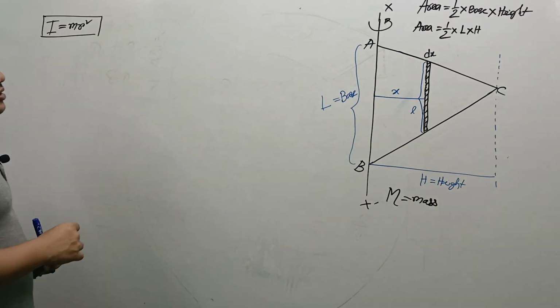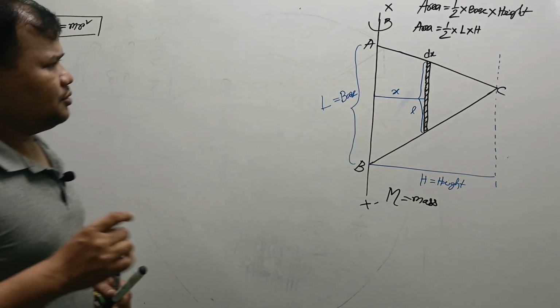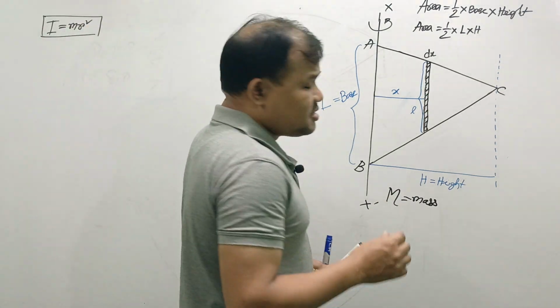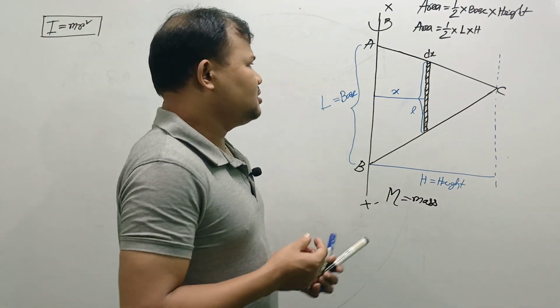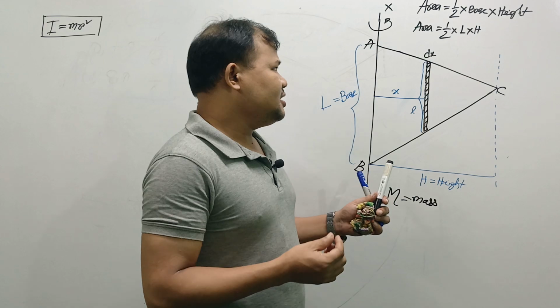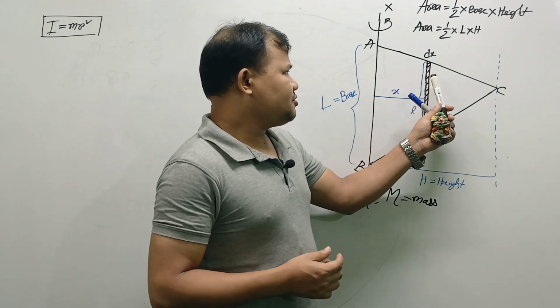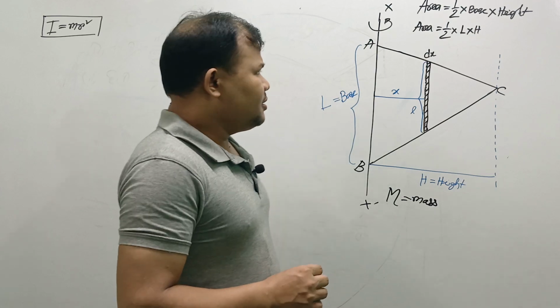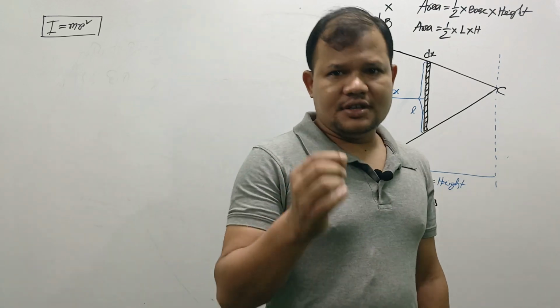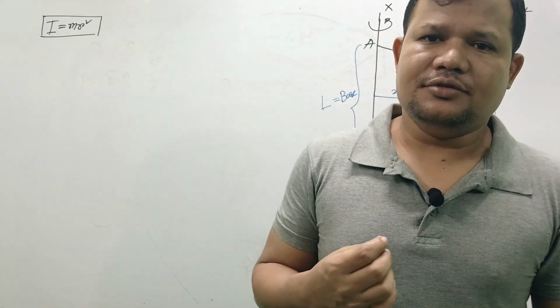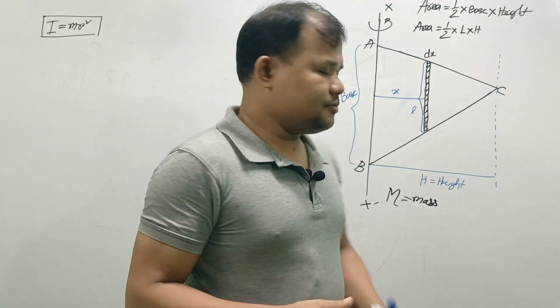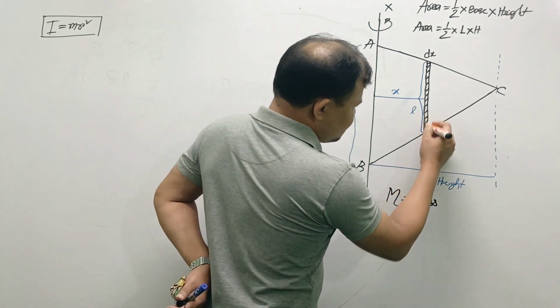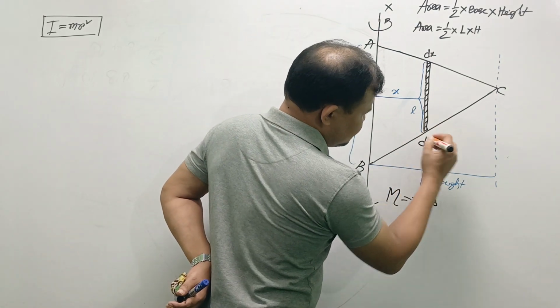My dear students, now our first duty is to measure the very small mass, that means a very small slice, a small section whose width is dx. For the dx section, we first try to find the mass. Suppose the mass of this slice section is dm.